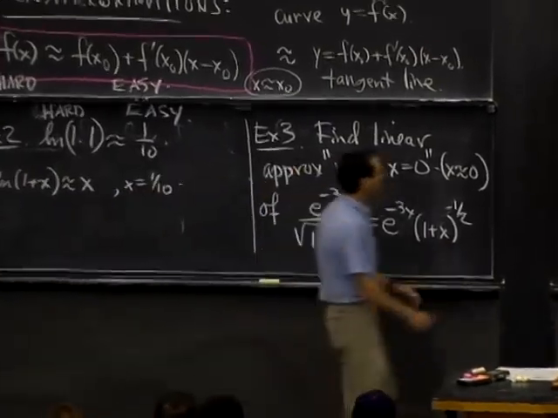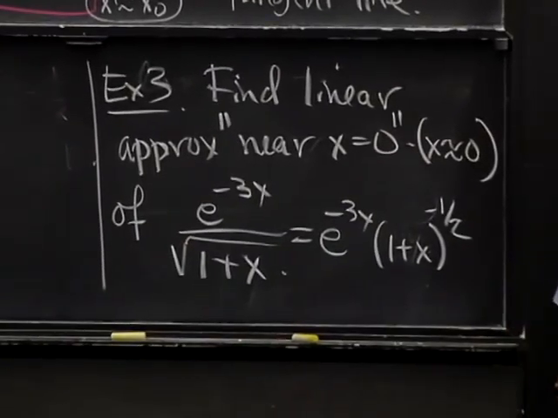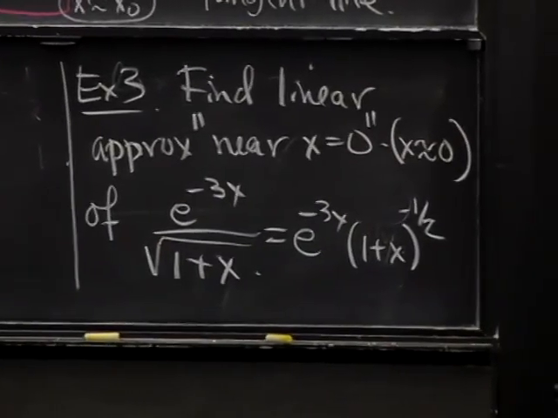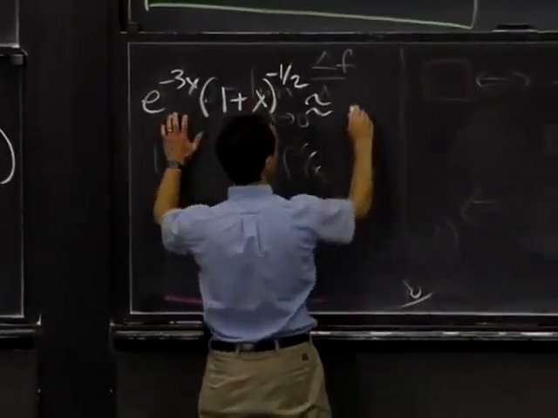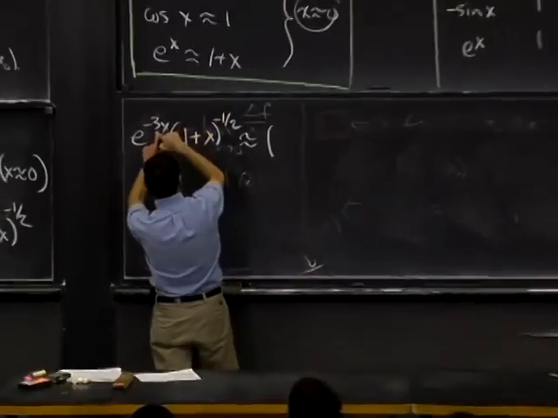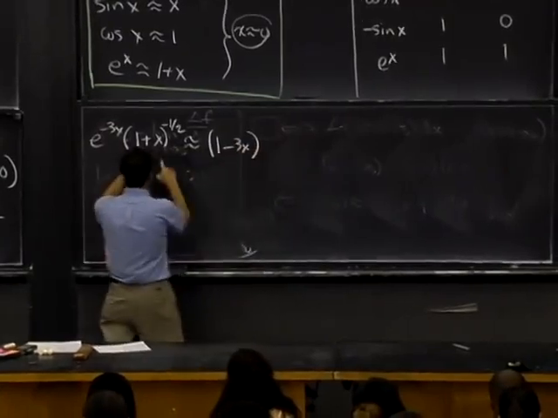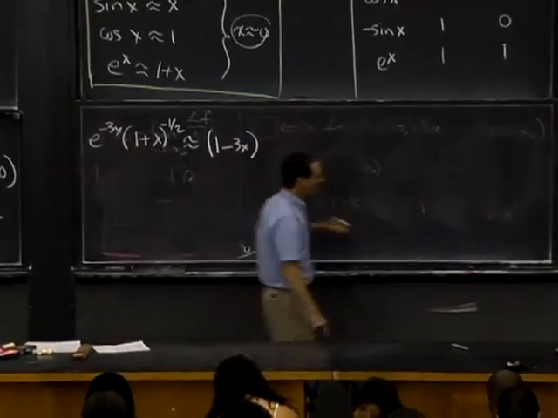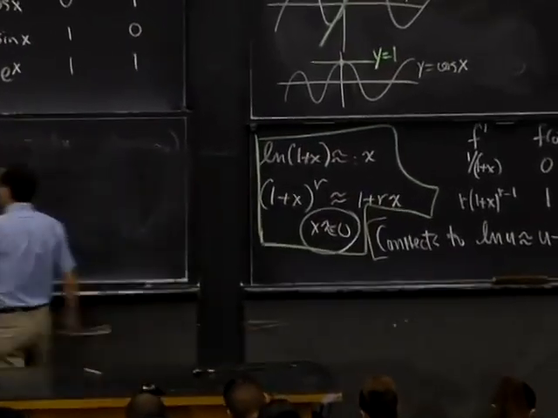Okay? So now I have e to the minus 3x, 1 plus x to the minus a half, and that's going to be approximately, well, I'm going to use this formula. I have to use it correctly. x is replaced by minus 3x, so this is 1 minus 3x. And then over here, I can just copy verbatim the other approximation formula with r equals minus a half.